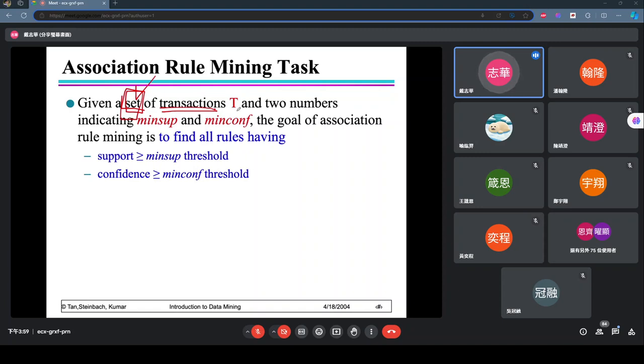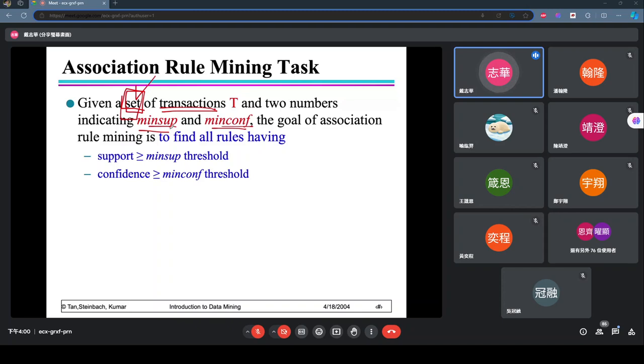Okay, given such a database, we need two numbers. One is the minimum support. The other is the minimum confidence. Minimum support is used to reduce the search space of X. And minimum confidence is used to reduce the search space of association rules. I did not explain that part yet because it's too early to introduce this concept here.